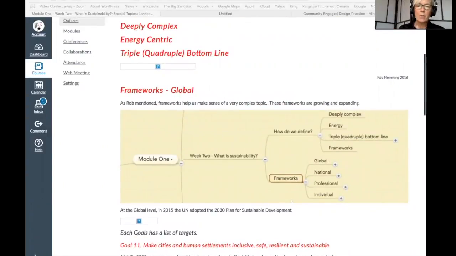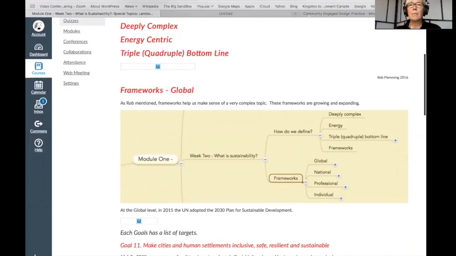I think one of the ways that we're sort of defining this right now is at these 4 different tiers: global, national, professional, and individual. As we mentioned, deeply complex, energy, triple or quadruple bottom line. And frameworks is a great way to think about the seeds, the leads, the sites. Those frameworks help us try to make sense of all of these different issues.